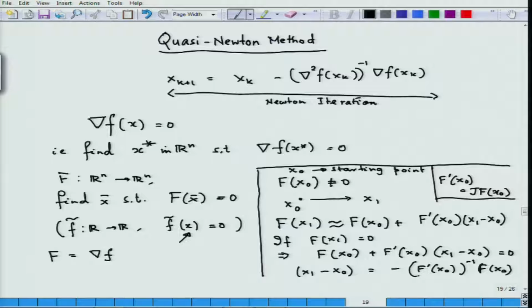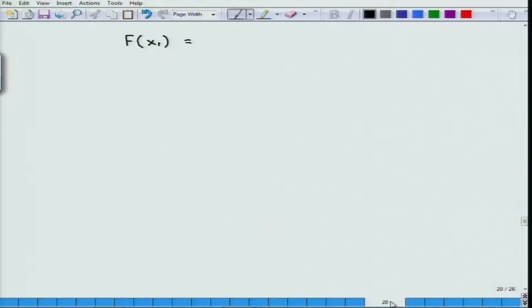So, if f dash x naught was positive definite, PD, then it is invertible, and you get this, right. And then it is very important that now I will make this sort of approximation.